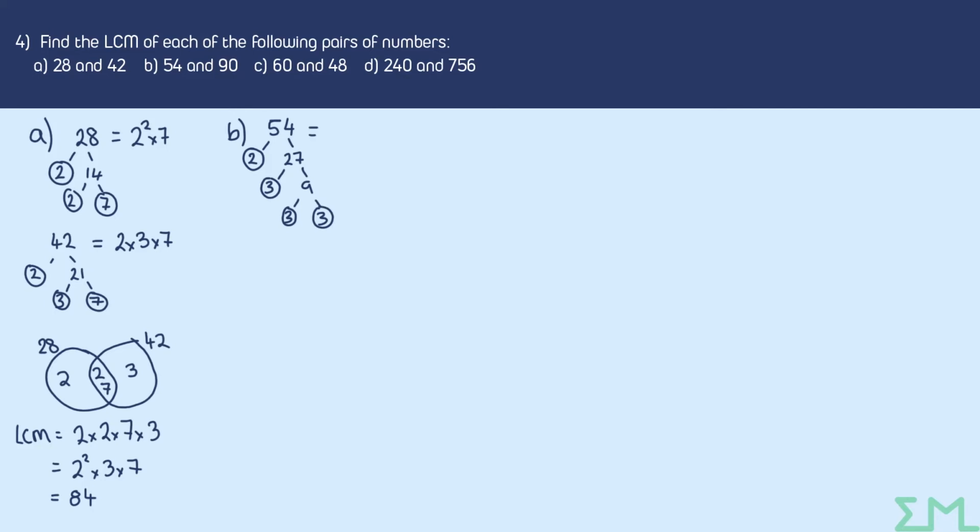So 54 is 2 times 3 cubed. 90 can be halved, and then it can be divided by, well, we check, 4 plus 5 is 9. 9 can be divided by 3. So 3's into 45, 3's into 4 goes 1, carry 1, 3's into 15 goes 5. Oh, I've done that the wrong way around.